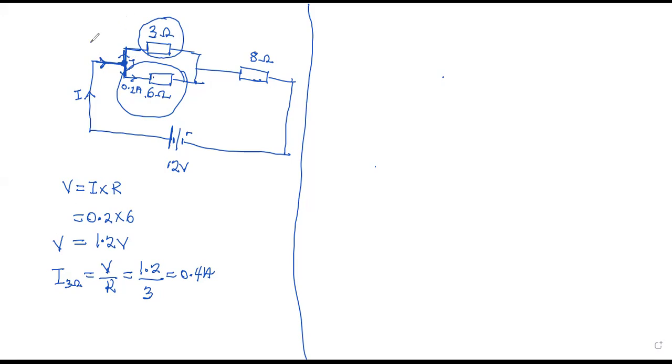And so we can say that the current from the source, I, which is entering this junction, J, would be equal to 0.2 plus 0.4. Meaning that the total current at that junction is 0.6 ampere. So this is the current from the source.